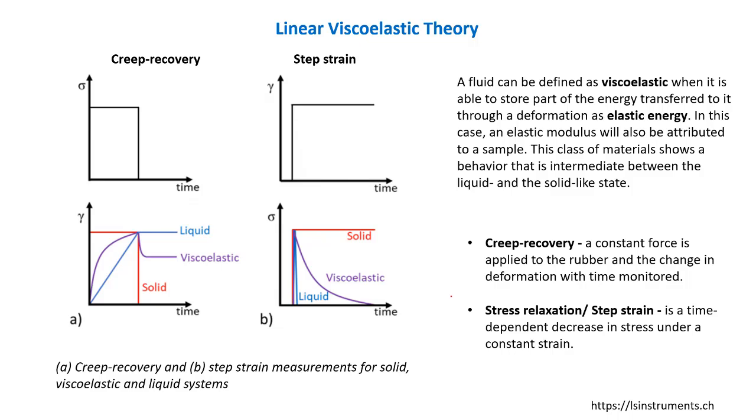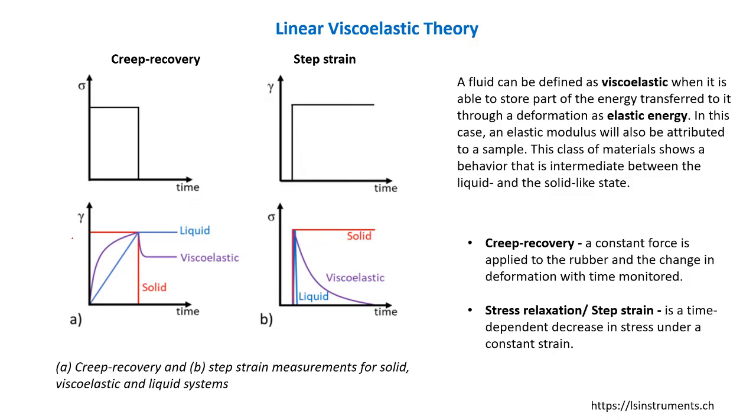So, for example, if we are checking the creep recovery, a constant force is applied on the material, and the change in the deformation that takes place will be determined with respect to time. So here time will be considered. This sigma is the force or stress which is applied, and the strain is checked over a period of time.